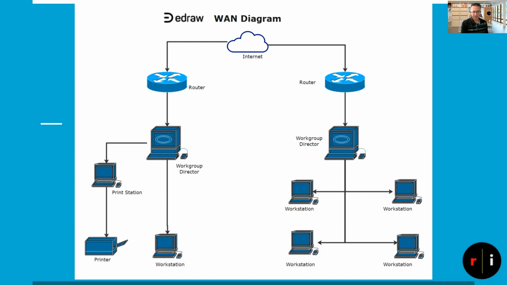There are more errors and issues because of the wide coverage and a variety of different technologies being used together. It can require more time to resolve issues because of the involvement of wired and wireless technologies together. And wide area networks can be less secure than some other types of networks.